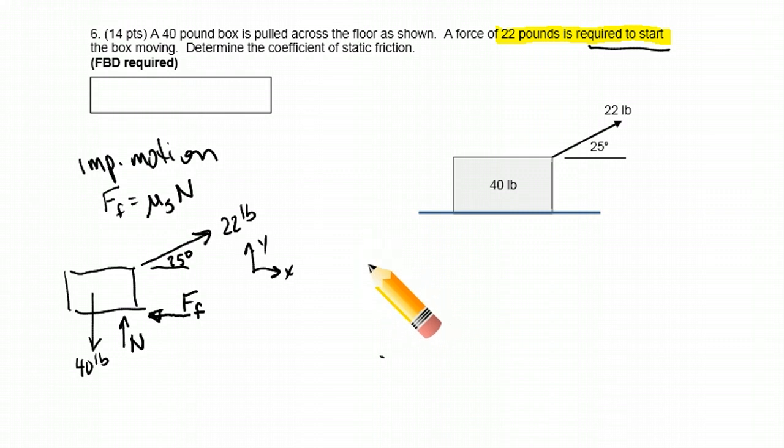Okay, let's look at the y direction first. We know a lot about that. We're going to break, as we've done almost all these problems, this force into two components, an x and a y component right here.